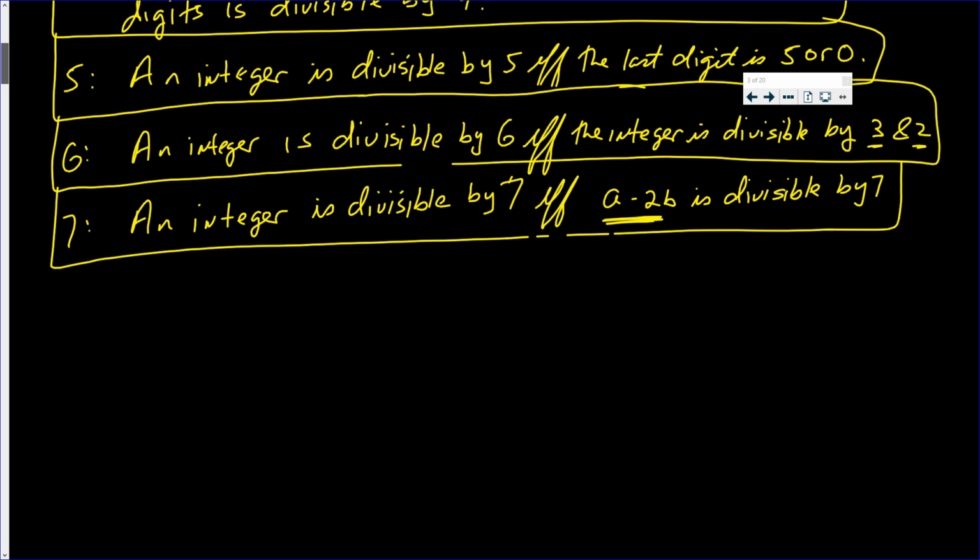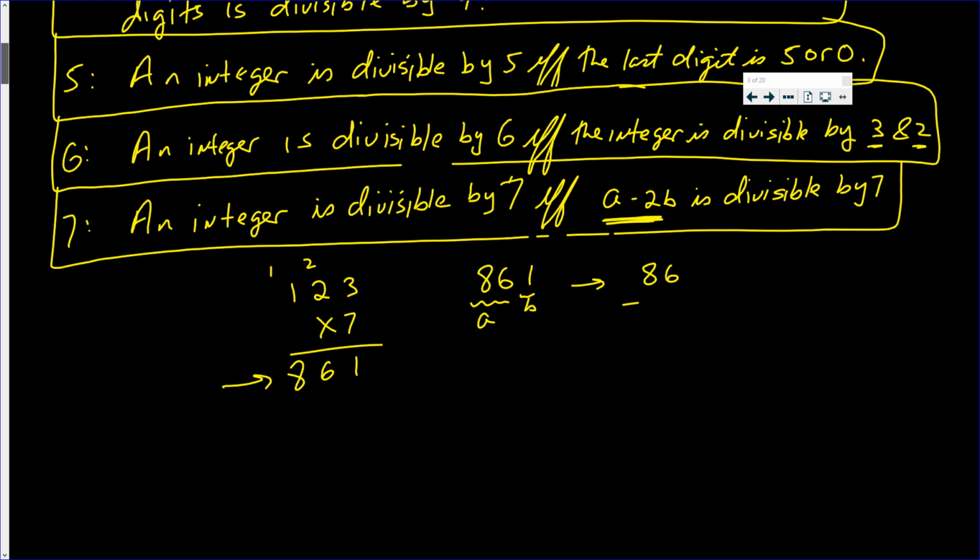let's pick one that does work. Suppose you have 123 times 7. If I do my multiplication right, this number should be divisible by 7. 861. That's A and that's B. So we take A and then we take away 2 times B. That's 84. If you know 7 goes into 84, you're okay.